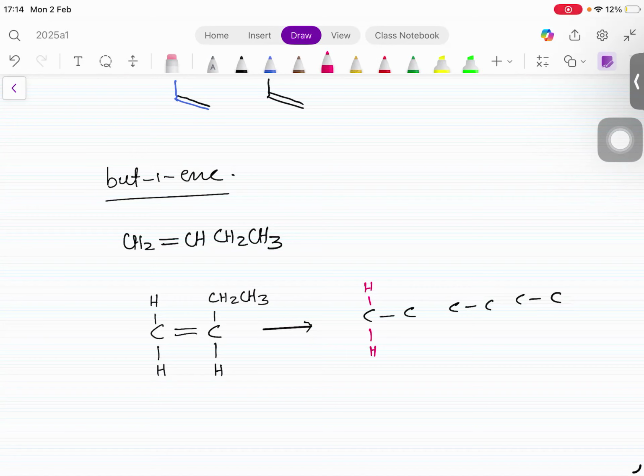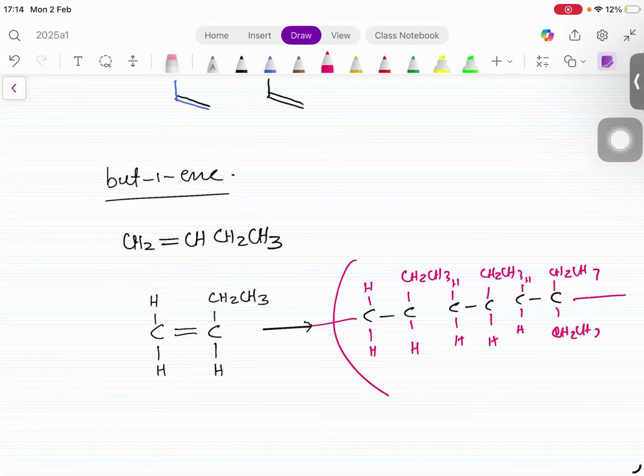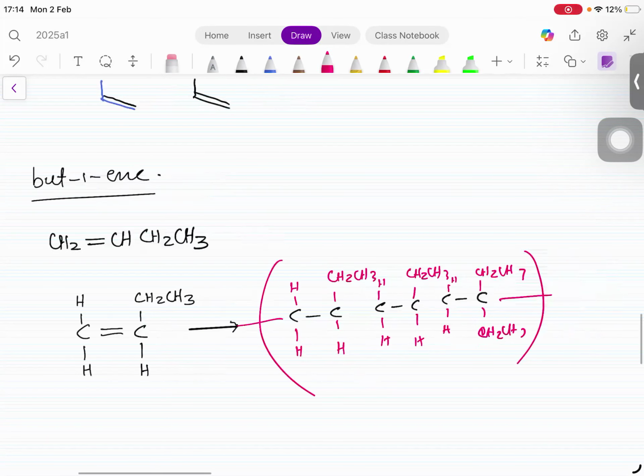There is a hydrogen, hydrogen, CH2, CH3, hydrogen, hydrogen, hydrogen, CH2, CH3, hydrogen. There is a hydrogen, hydrogen, CH2, CH3. Here it is. Is it like this?